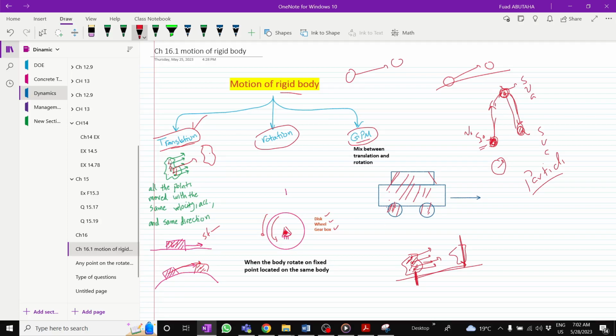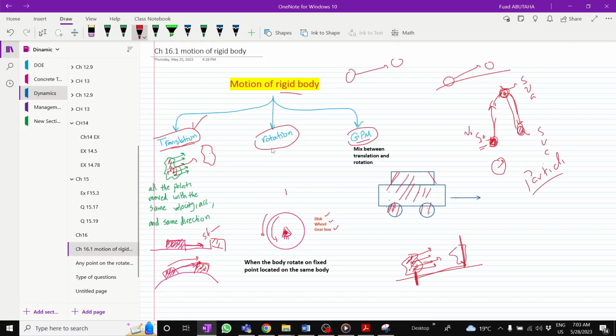There are infinite points located on this body, and they are all moving in the same direction with the same velocity and acceleration. So if we have a body here and it moves all the way and ends up here, in a straight line, or even in curvilinear motion, this is also a translation motion.